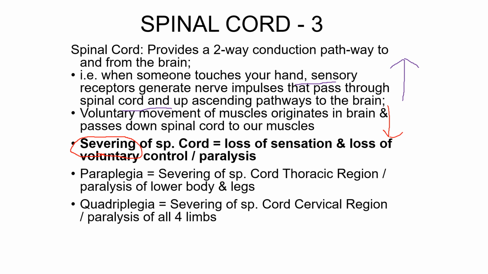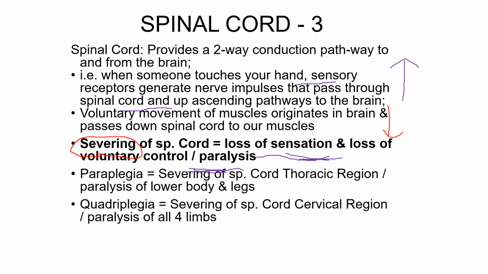So if we were to sever the spinal cord, if we were to cut the entire thing at a point in the body, anywhere from that point down is completely paralyzed because all motor function has been compromised, all that anterior horn and lateral horn has been compromised, and the dorsal horn and the dorsal columns have been compromised, so they will therefore be completely numb or completely unable to feel anything.